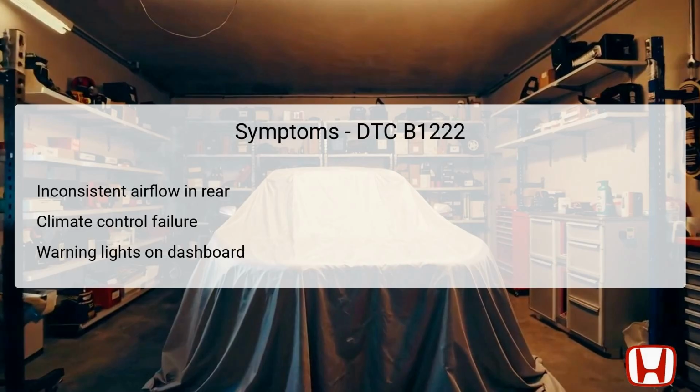Additionally, the vehicle may trigger warning lights or indicators on the dashboard, alerting the driver to potential malfunctions in the climate control system. These warning lights serve as important alerts, prompting the driver to seek further diagnostic assistance. Regular monitoring of airflow and climate control performance can help detect these symptoms early. A systematic approach to addressing these issues is necessary to ensure passenger comfort and safety.